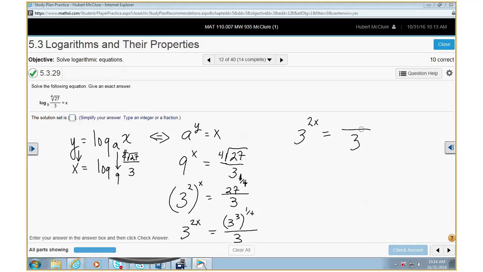Thank you. So the top becomes 3 to the what? 3/4. Thank you. And what's on the bottom? 4/4. So 3 to the 2x is equal to 3 to the 3/4 minus 4/4.